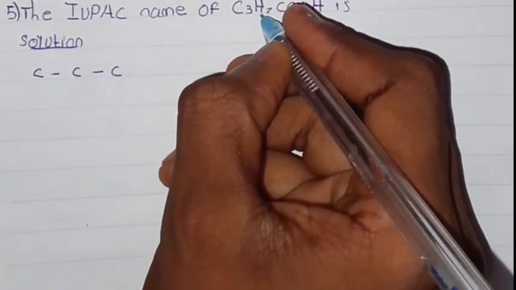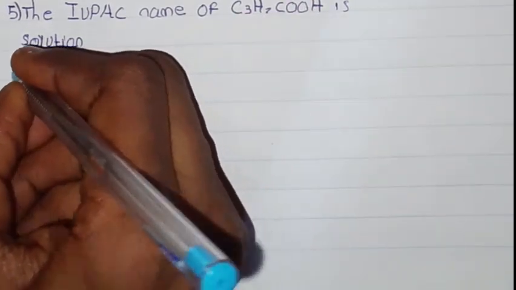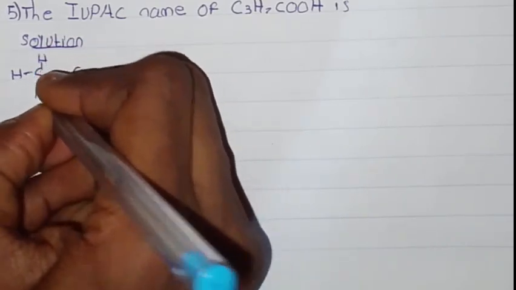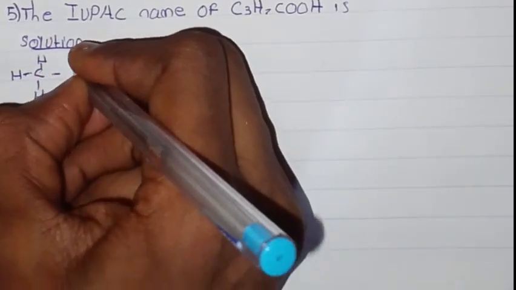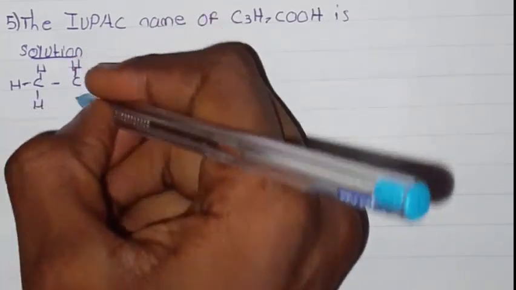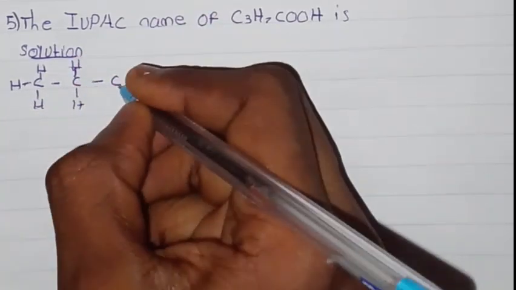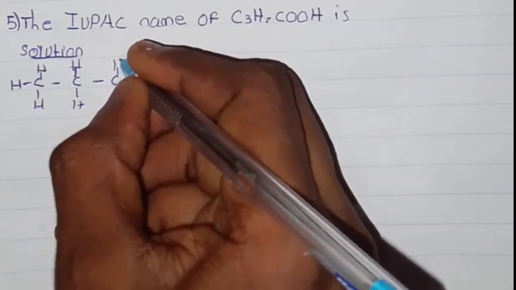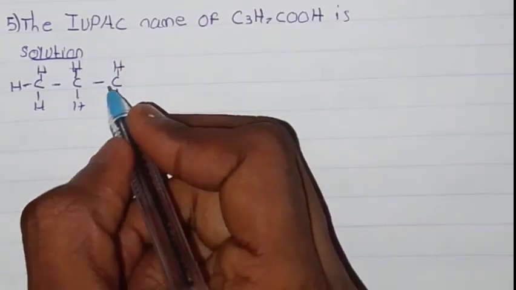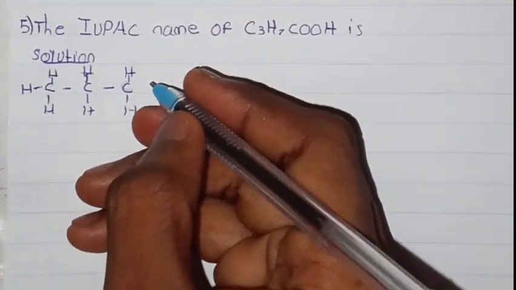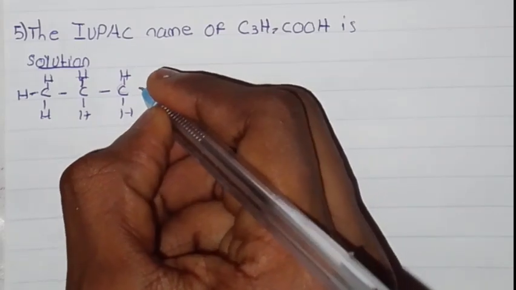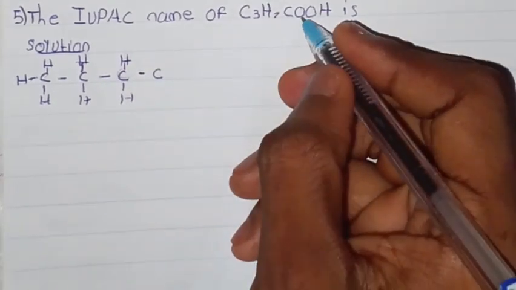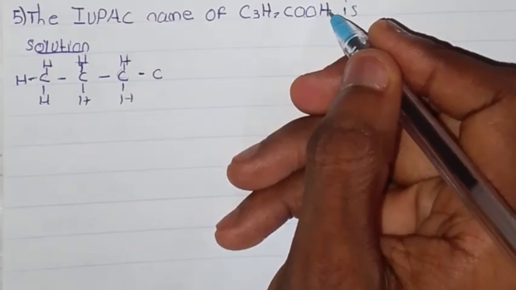Now they have to have 7 hydrogen, so this will take 3 hydrogen. This takes hydrogen, right? Now for this last carbon 3 is attached to one other carbon, right? Now this carbon obviously has OOH attached to it.